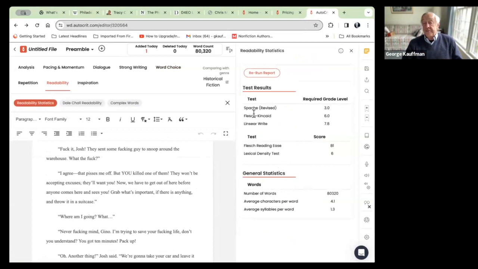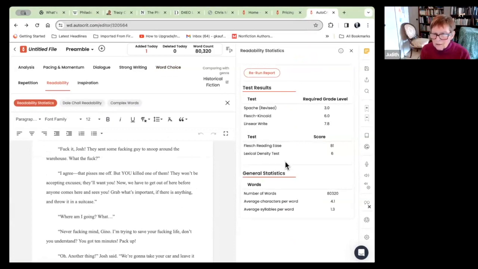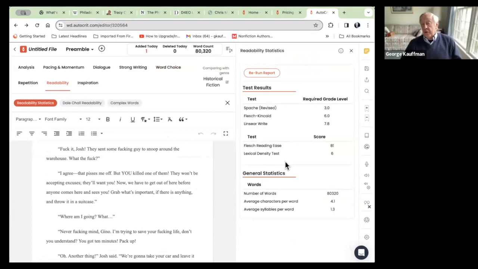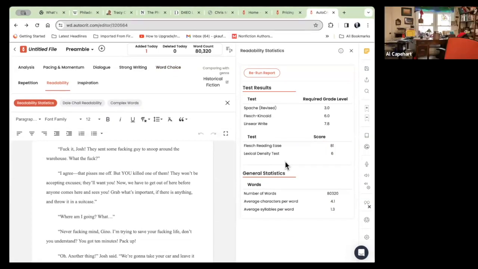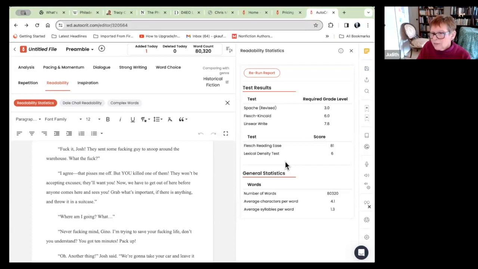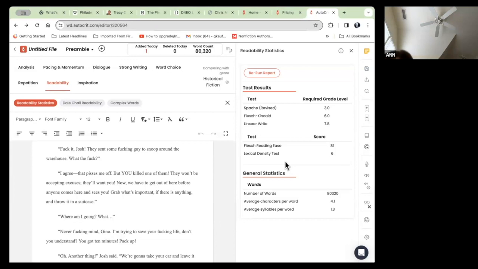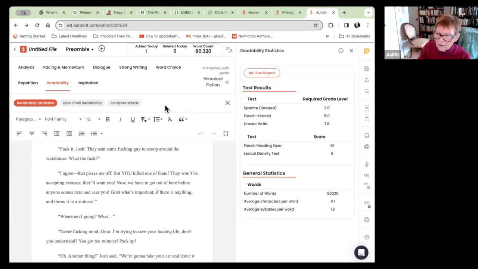I don't know these Flesch-Kincaid and so on, but these are reading scores that tell you how readable it all is. Well, and it's good to know because you want to be at the 6th grade level generally in popular fiction. You don't want to be higher up.